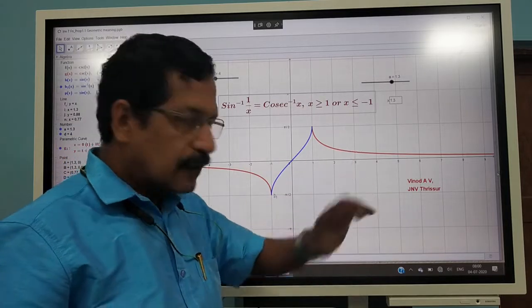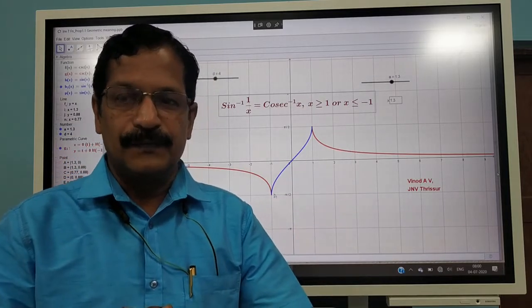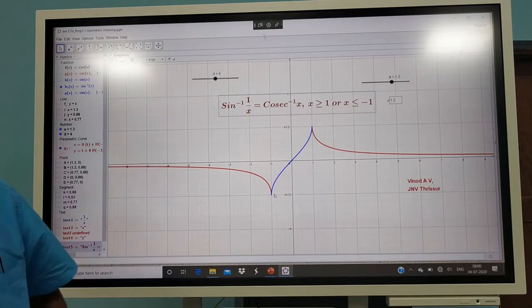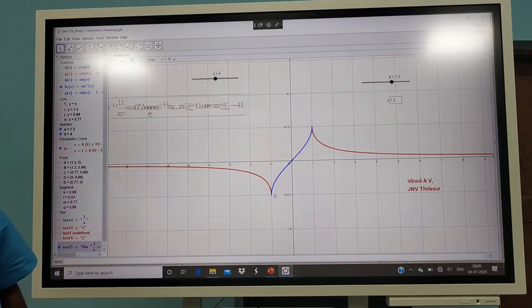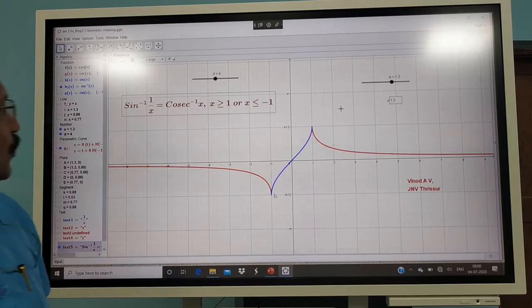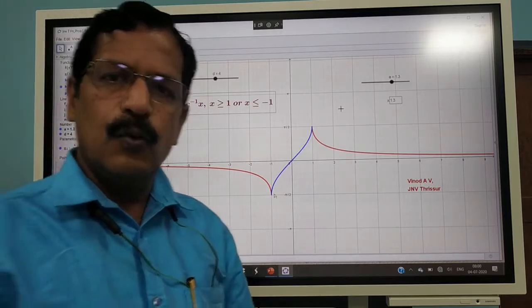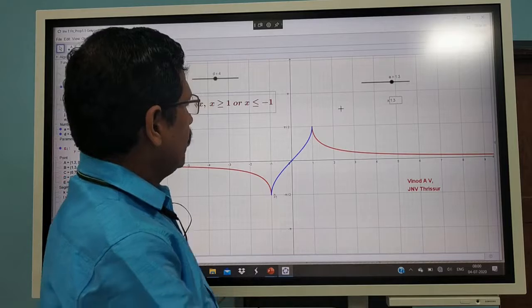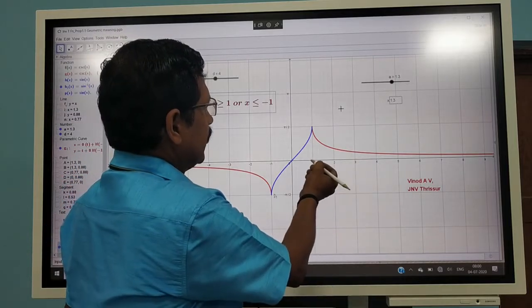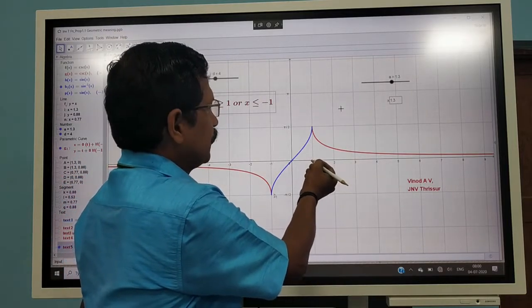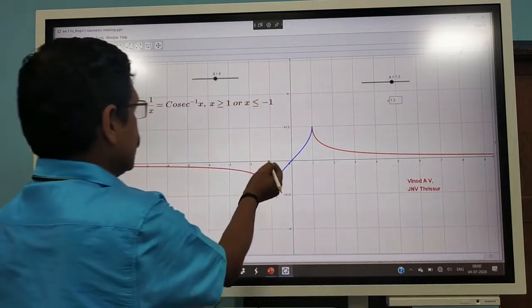Now, let us verify the result. What was the result? Cosec inverse of x should be equal to sine inverse 1 by x. What I am going to do here is take a point in the domain of cosec inverse, greater than or equal to 1 or less than or equal to minus 1.